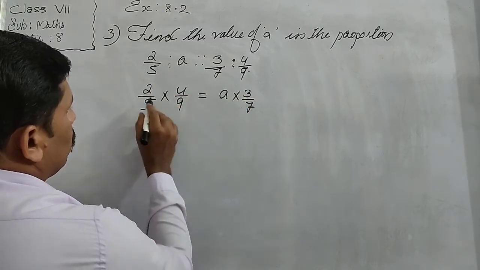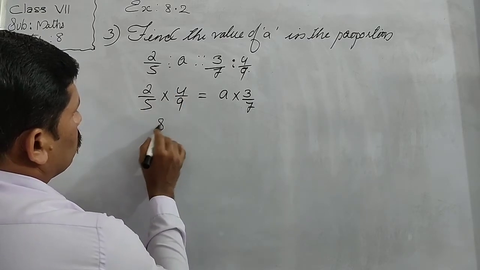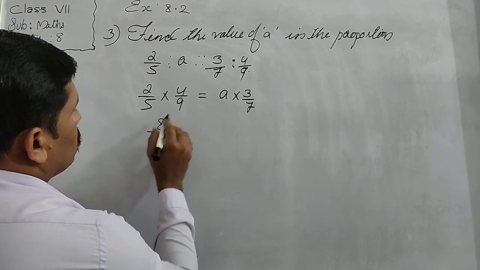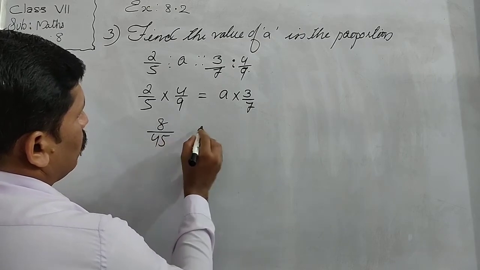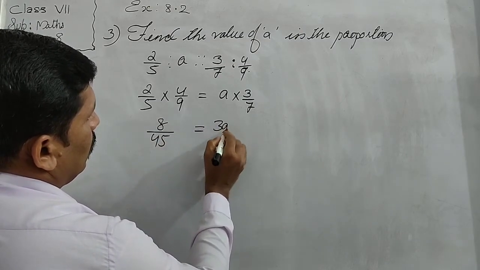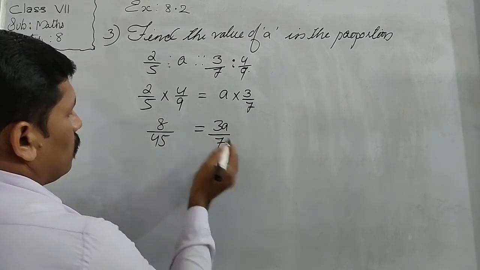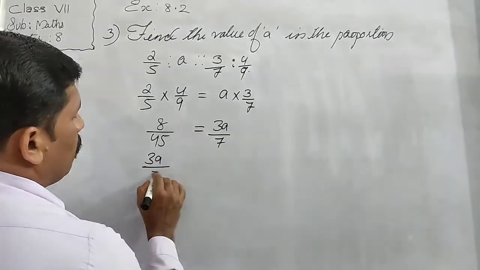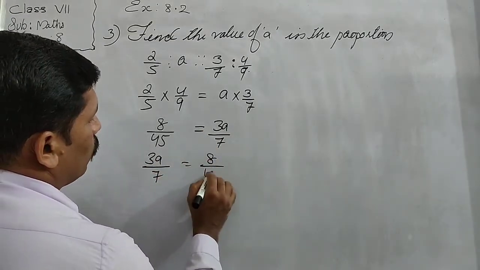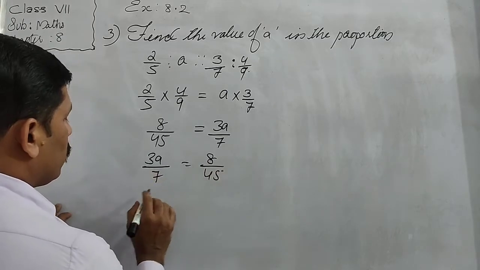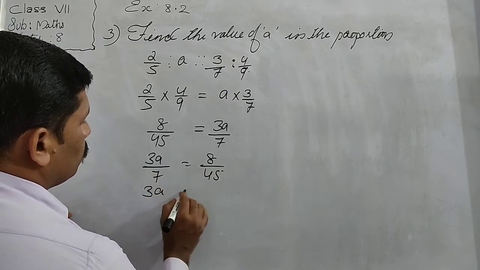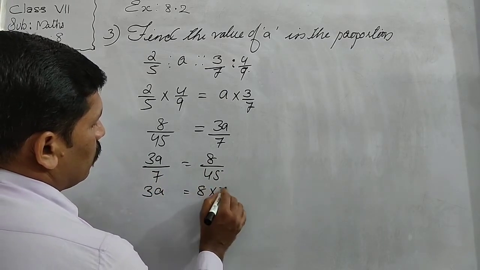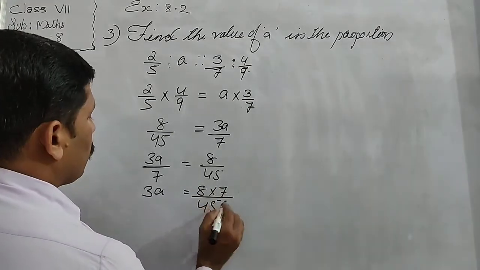Here we multiply: 2 4s are 8, 5 9s are 45, is equal to 3A/7. Now we write this on this side: 3A/7 is equal to 8/45. Now we take this 7 to the other side, then 3A is equal to 8 into 7 upon 45.